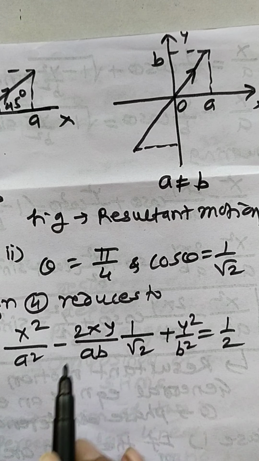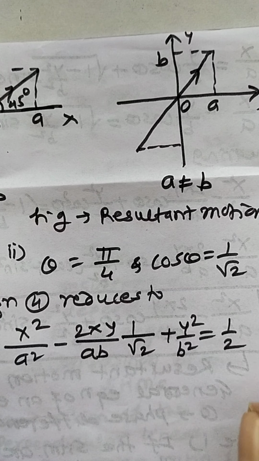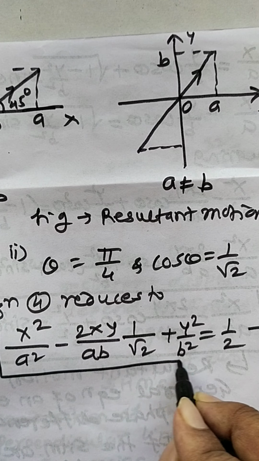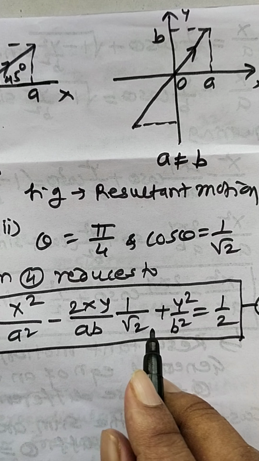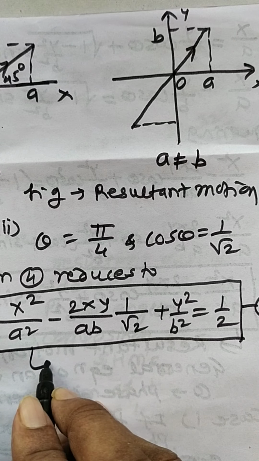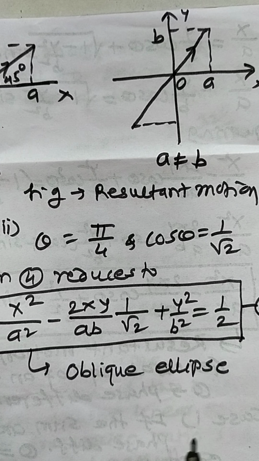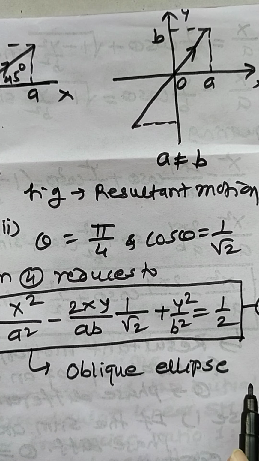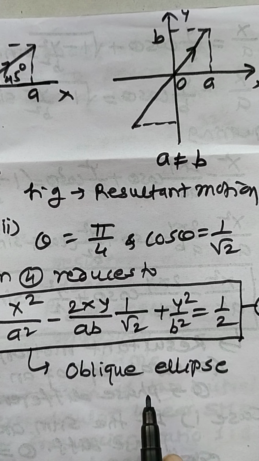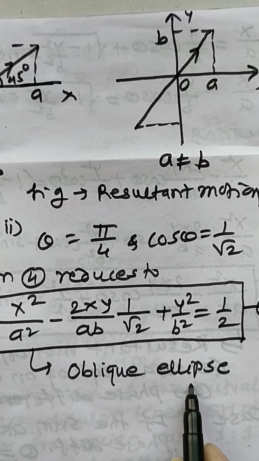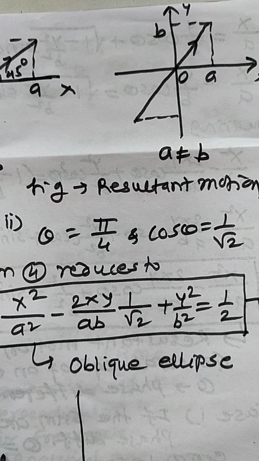This equation is equation 6. This equation represents an oblique ellipse inclined to the x-axis, and if further a is equal to b, it is an oblique ellipse whose axis is inclined to the axis at an angle of 45 degree as shown in this particular figure.